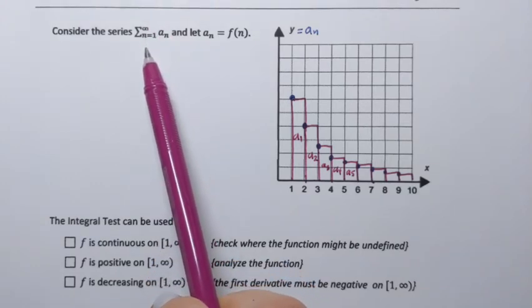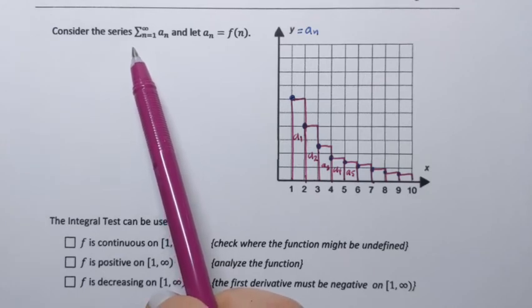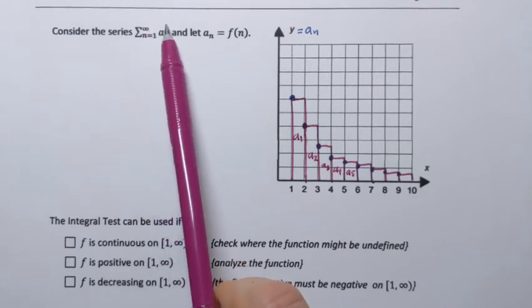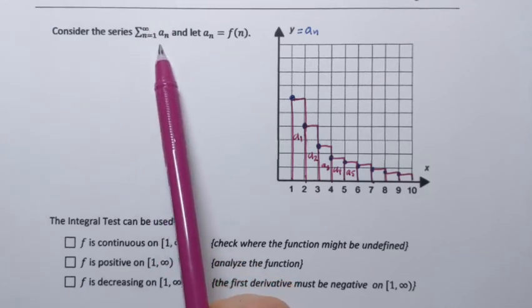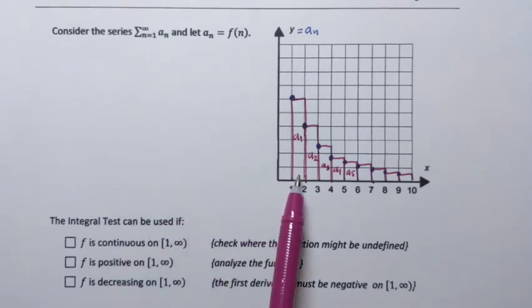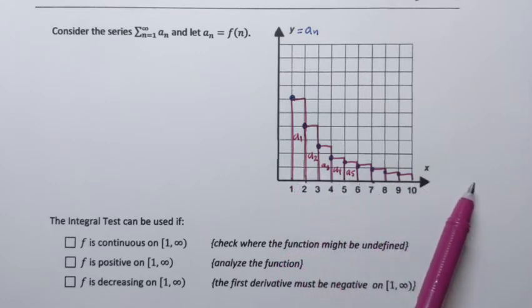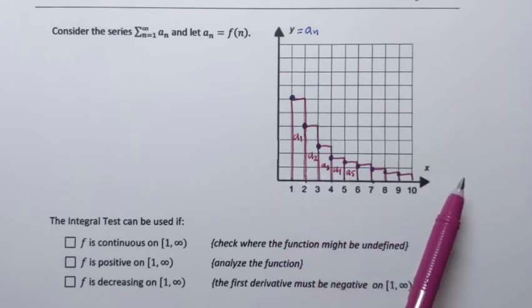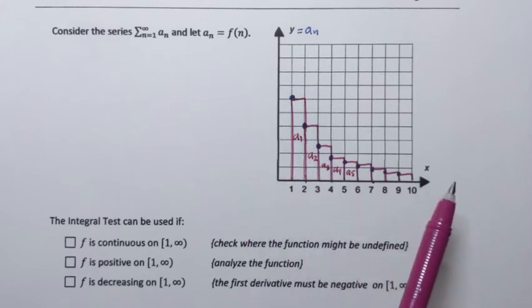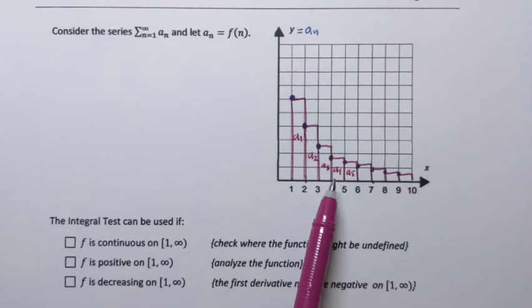Now, our goal for series is to determine whether they're convergent or divergent. Remember, the series is convergent if it has a finite sum. So what will that be geometrically? It means that if I add the areas of all those infinitely many rectangles and I get a finite area, the combined area is a finite number, well, that will correspond to a convergent series.